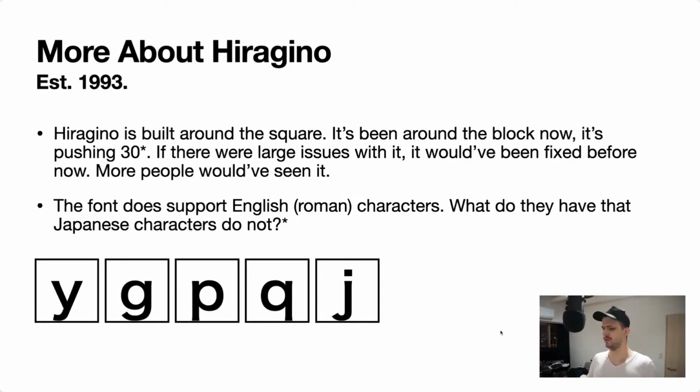Because Hiragino is built around this square and it's been around the block, it's pushing 30 or more years old, if there were large issues with it, I'm sure it would have been fixed before now. More people would have seen it. I was saying this to myself when I was building this fix because I wasn't sure whether I was on the right track or not.